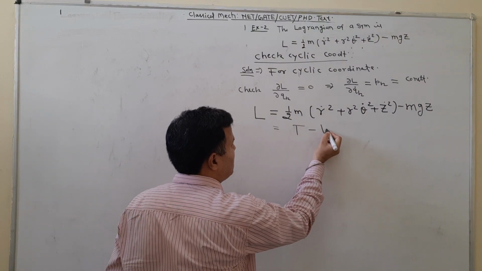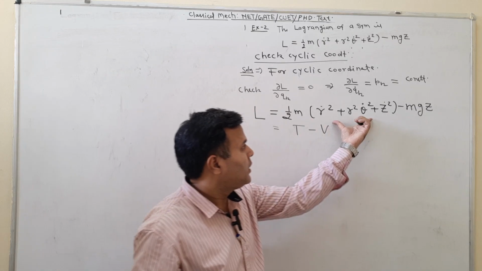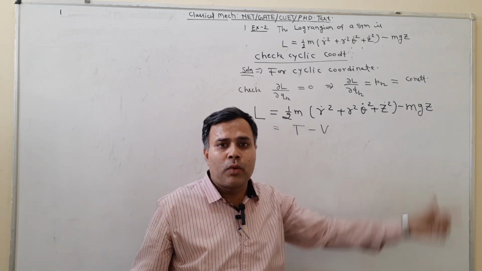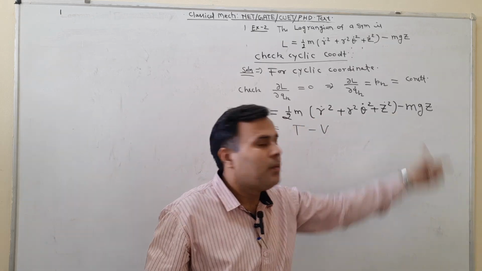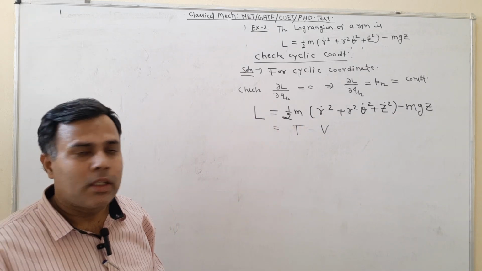Lagrangian is simply T minus V, so this one is kinetic energy and this mgz is potential energy. So this is a Lagrangian in cylindrical coordinates, having potential mgz.